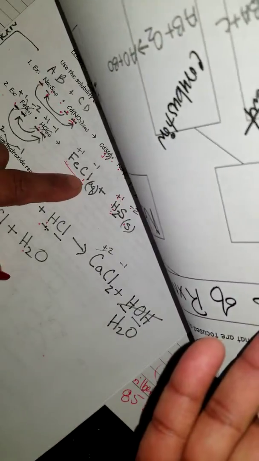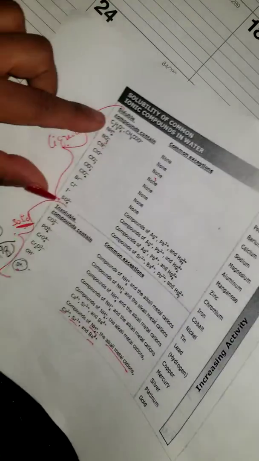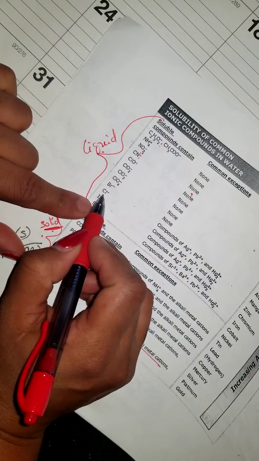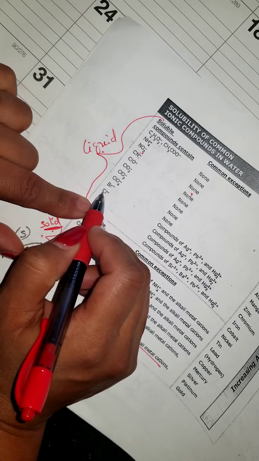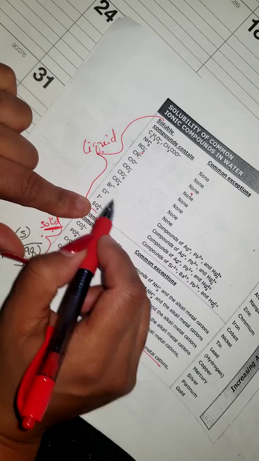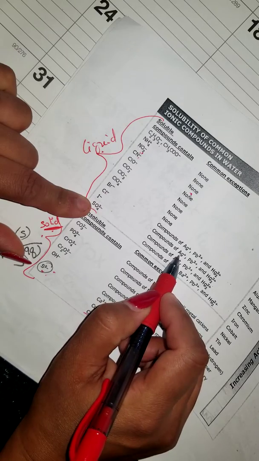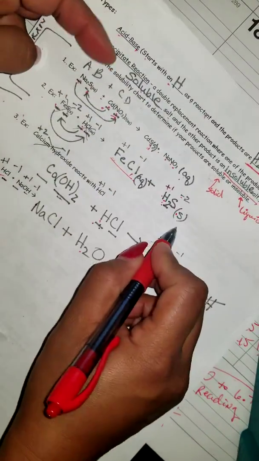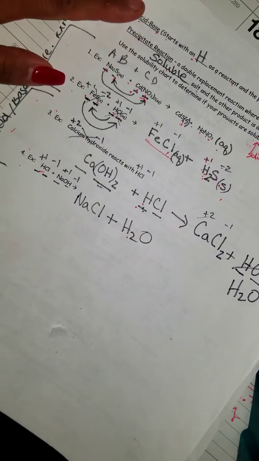What's my other option? FeCl. That means that Fe or Cl has to be up here. Here it is, Cl. Cl, when it's combined with something, will be a liquid, except for Ag, nope. Pb, no. Hg, no. So that means that this is going to be the liquid or aqueous, and that's going to be the solid. Let's keep going.